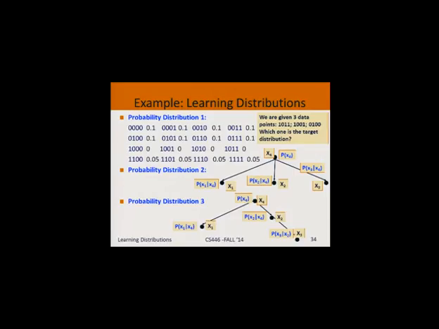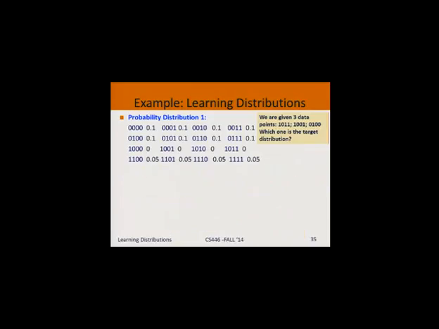So let's go over it and see what we need to do. First of all, let's look at the table and see what's the likelihood of this table generating this data set. What do you think? Suggestion for 0.